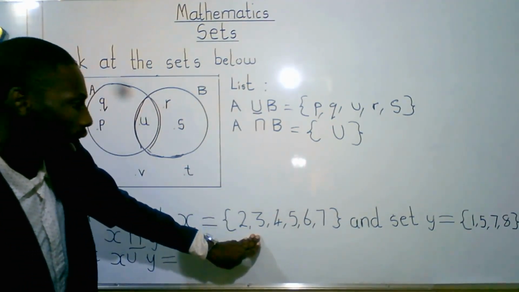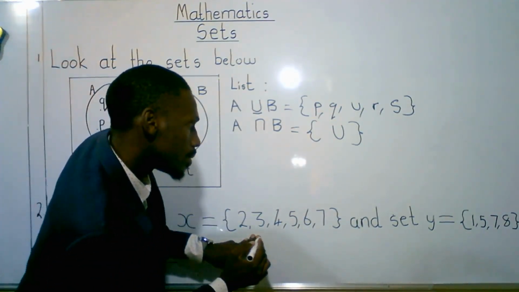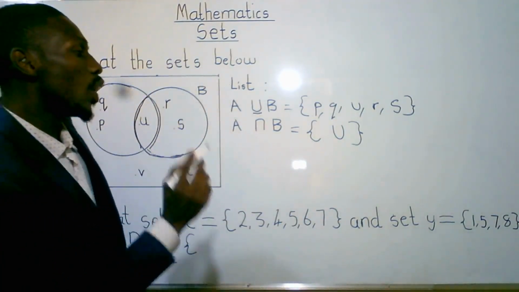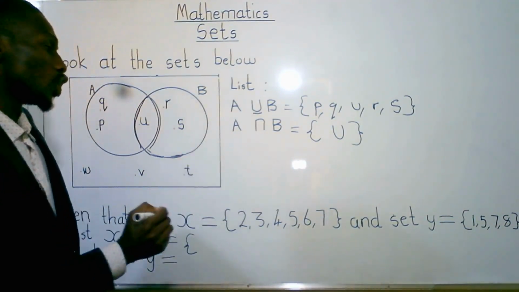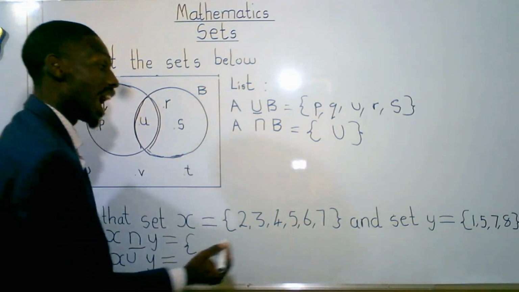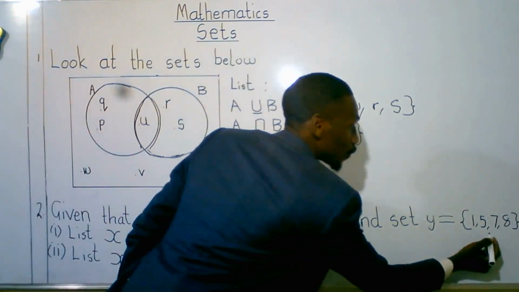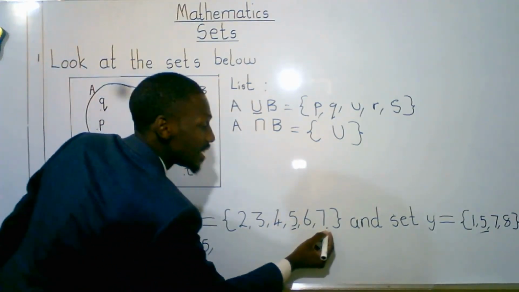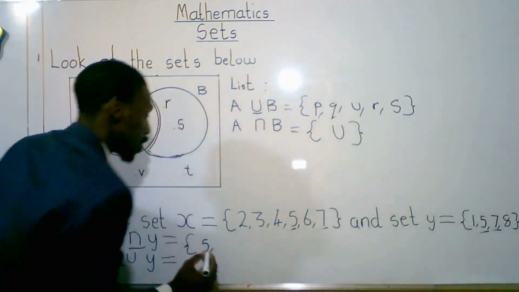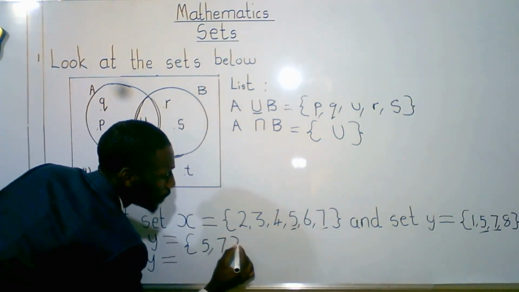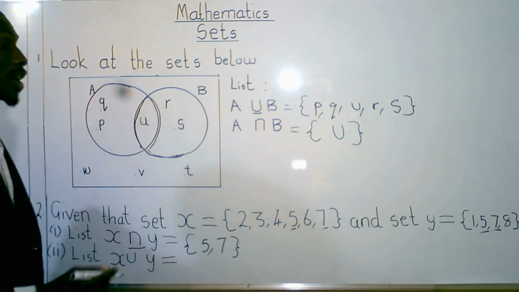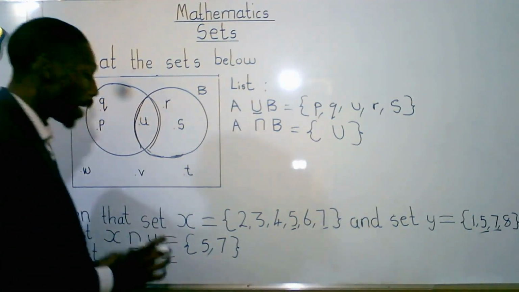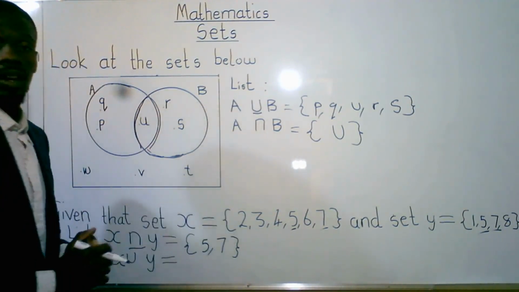In X we have 2, 3, 4, 5, 6, 7, and in Y we've got 1, 5, 7, 8. The first element that is common is 5. Apart from 5, there is 7 there. Do we have any elements apart from these that are being shared? No. So 5 and 7 form the intersection. They are being shared by X and Y.